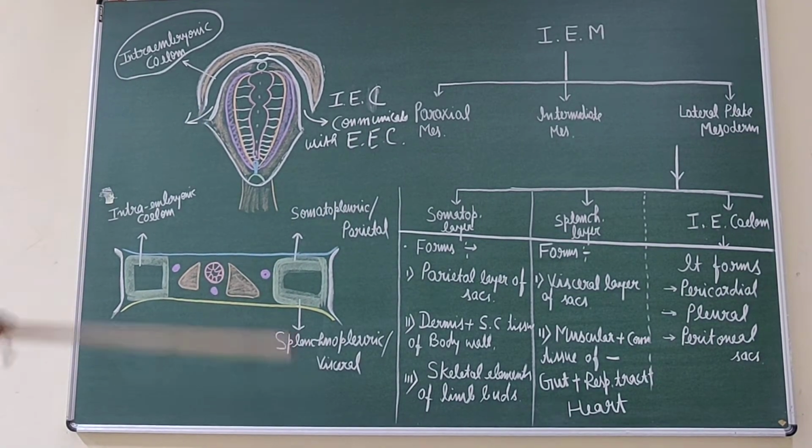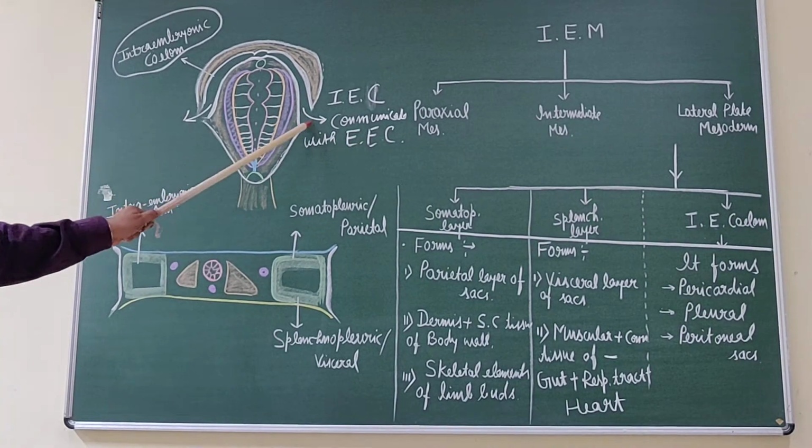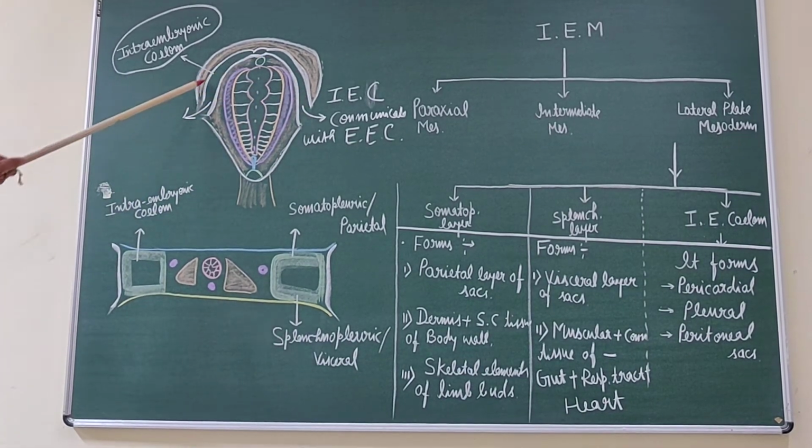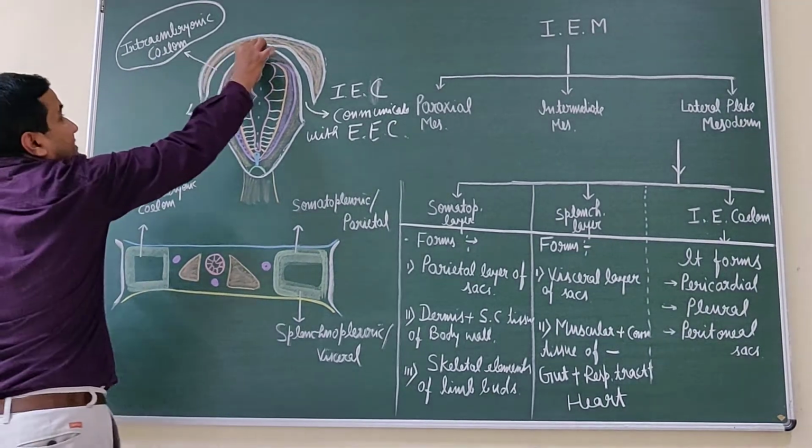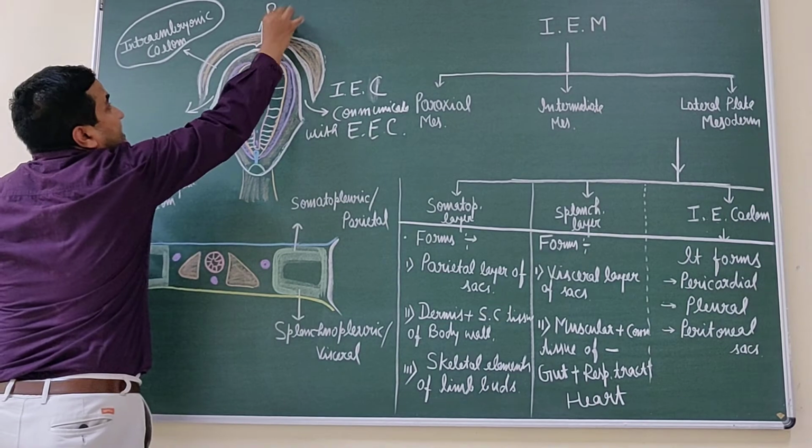Both cavities, that is the chorionic cavity, communicate through this channel, through this intraembryonic coelom, and this region is the pericardial sac.